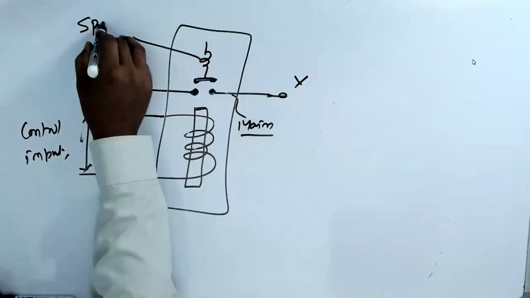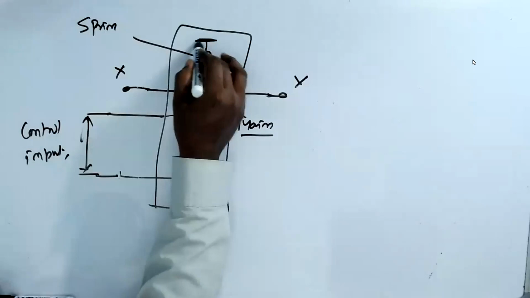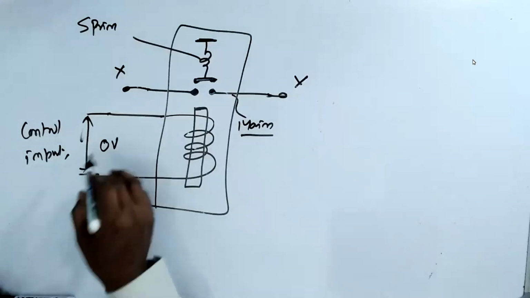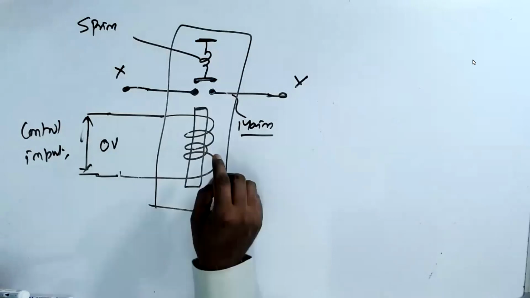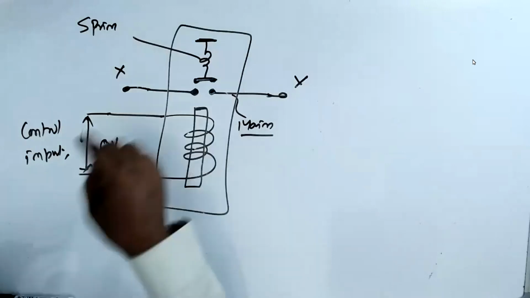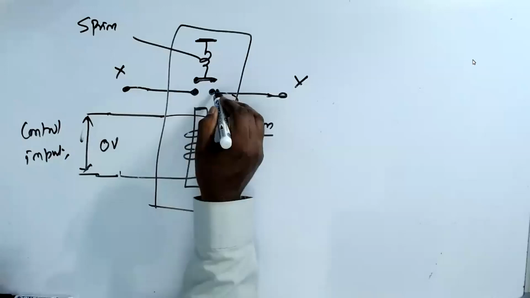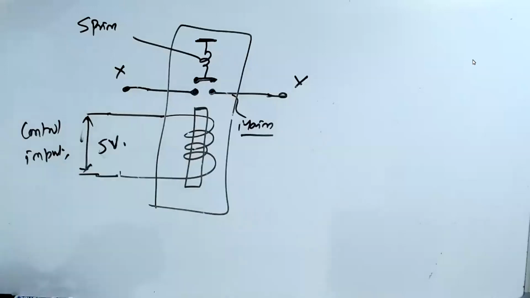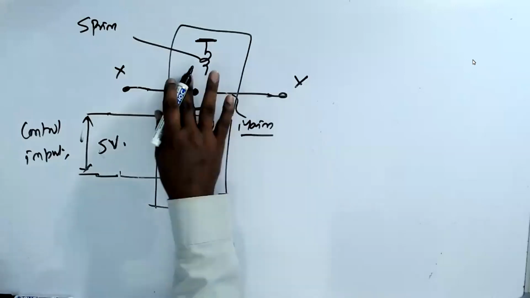So what happens when you give 0 volt here? No magnet. Because there is no magnet, this piece stays on top. There will not be any contact. The moment we apply 5 volt here, what happens? This gets magnetized, so it gets pulled down and stops here.